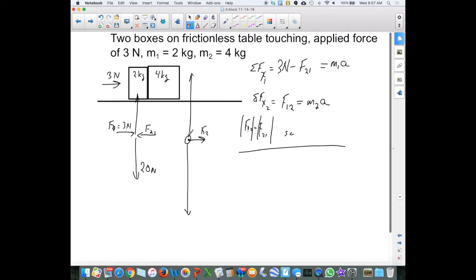I can add these two together, and I get 3 newtons is equal to M1 plus M2 times A. So without a lot of effort, I get an acceleration of half a meter per second squared. And because I'm interested in the force between the two blocks, it's just M2A: force of 1 on 2 is going to be 4 times a half, 2 newtons.